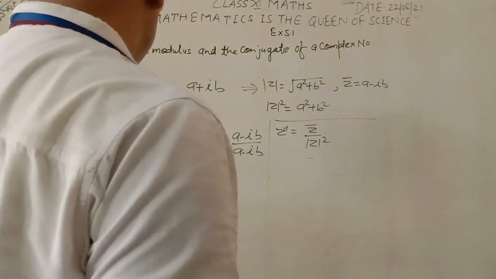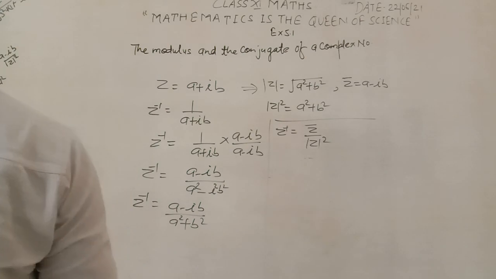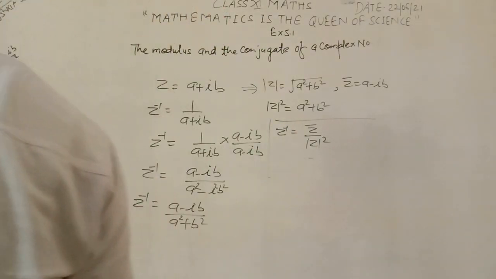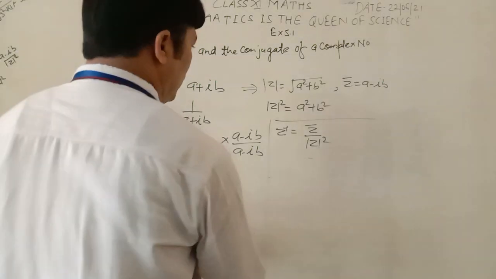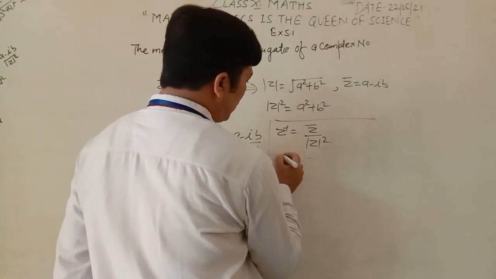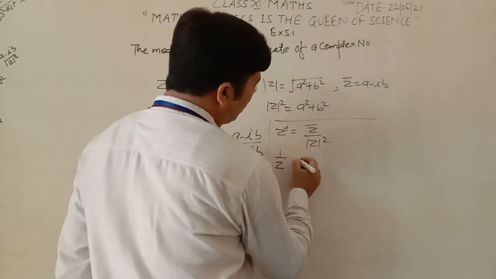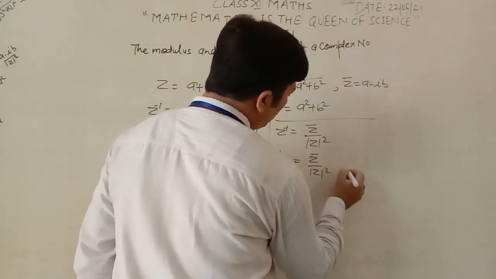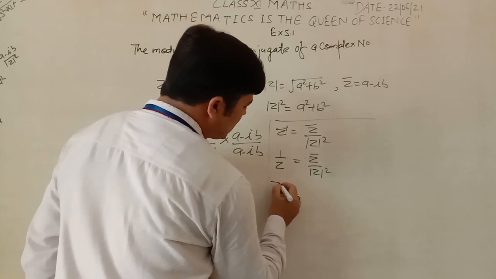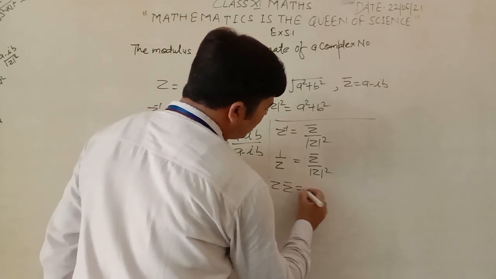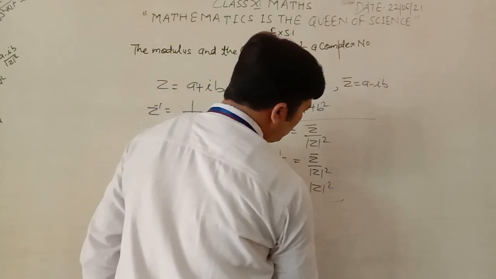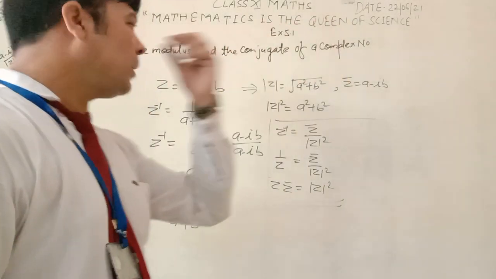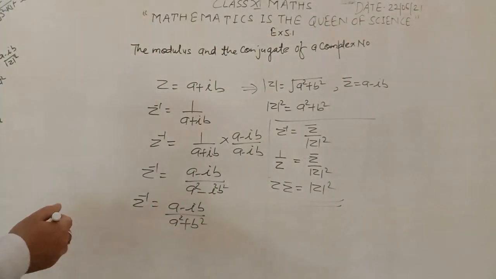Here z inverse is equal to z bar upon mod of z whole square. Now this can also be written as 1 upon z, or z into z bar is equal to mod of z whole square.